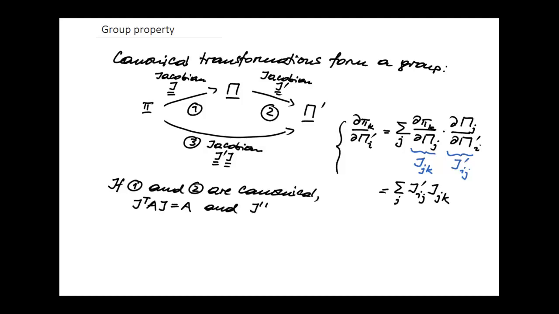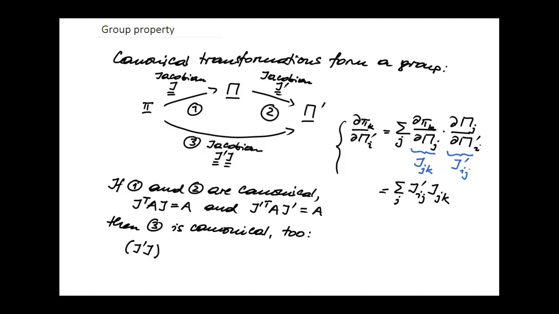So J primed transpose A J prime is equal to A. Then I claim that the effective transformation number 3, going directly from little pi to capital Pi prime, is canonical too. Now we just found out that this transformation number 3 has the Jacobian J prime J. So let's check.